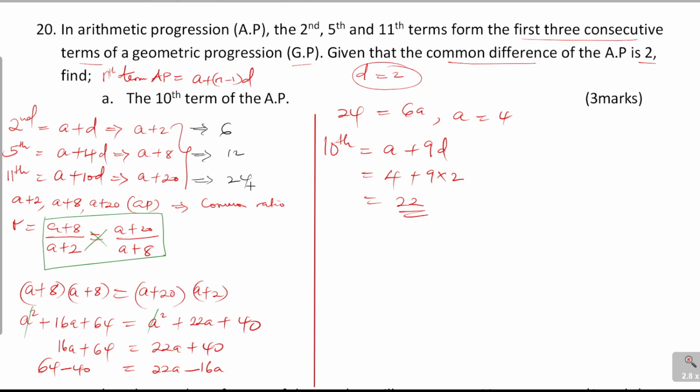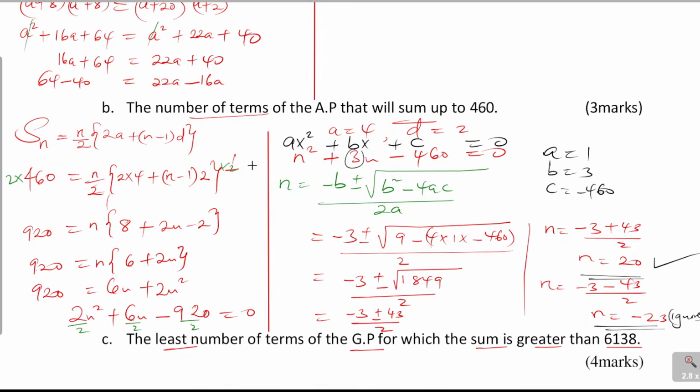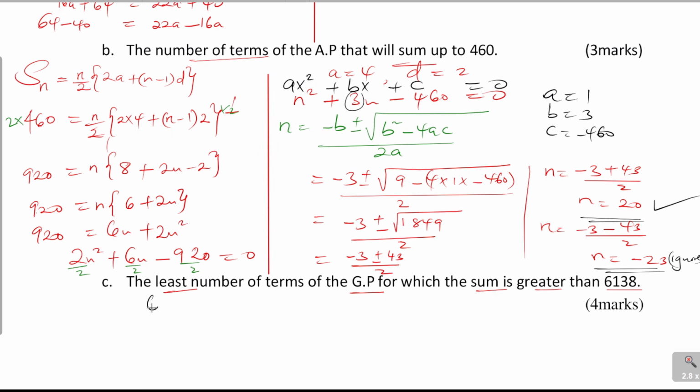So you can see it is possible now to get the common ratio. The terms are 6, 12, and 24. So the common ratio, you get it by using either 12 divided by 6 or 24 divided by 12, which gives the common ratio is 2.